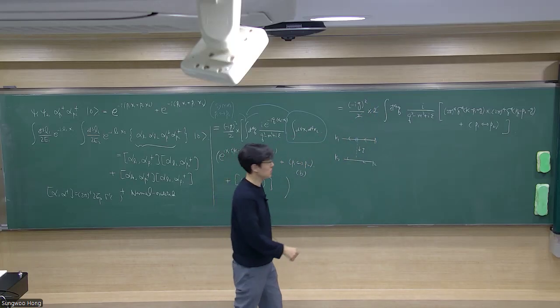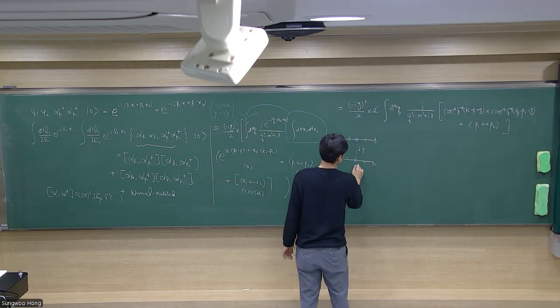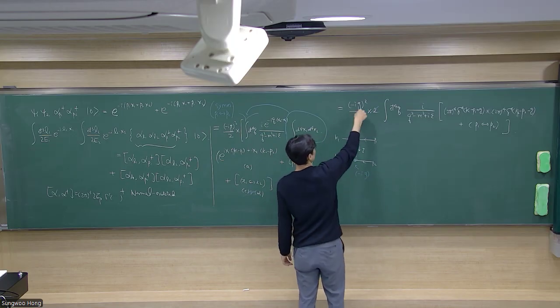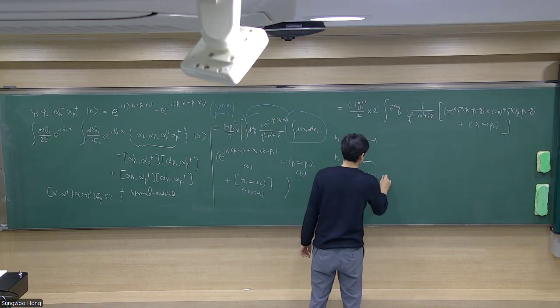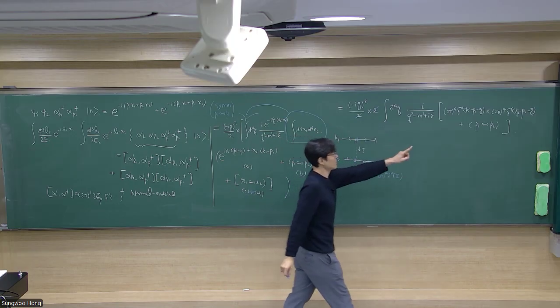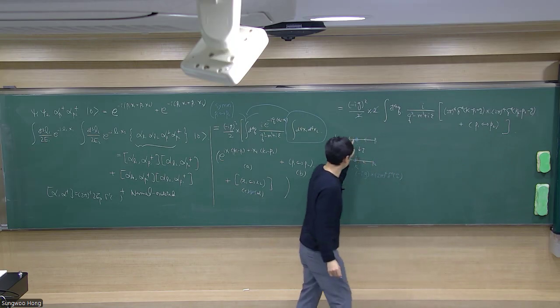That's the first piece. For each vertex, you do minus i times g, and then you impose a momentum conserving delta function at that vertex. That's what this delta function does, right? And you do the same here.